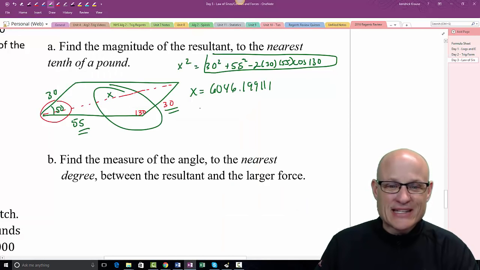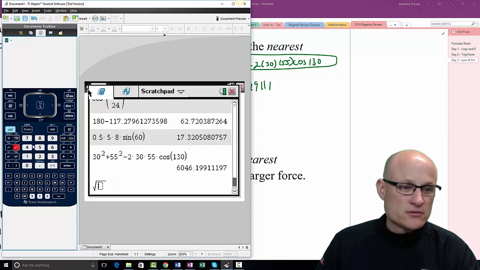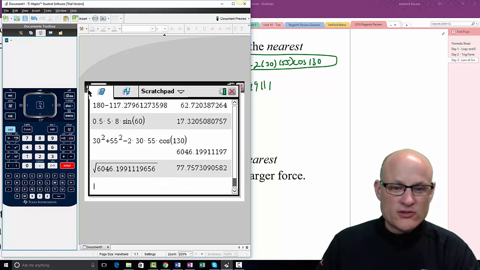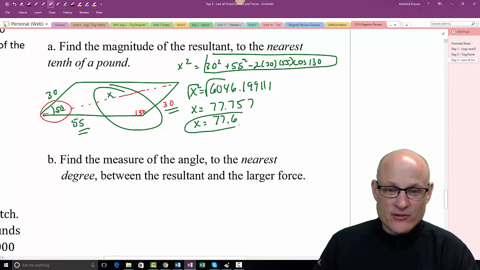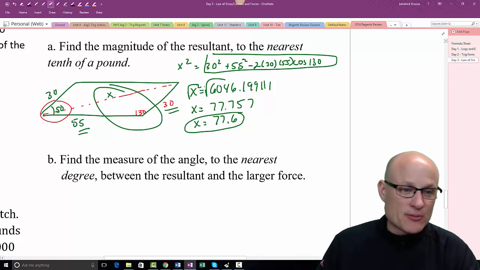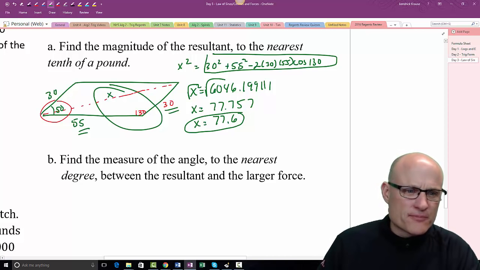It said rounded to the tenth of a pound. Wait, hold on. This is x squared. So I got to take the square root of that to get that final answer, right? 77.757 rounded to the nearest tenth of a pound, 77.6. There's the first part. Now the second part, let me see if I can get rid of a little bit of this.